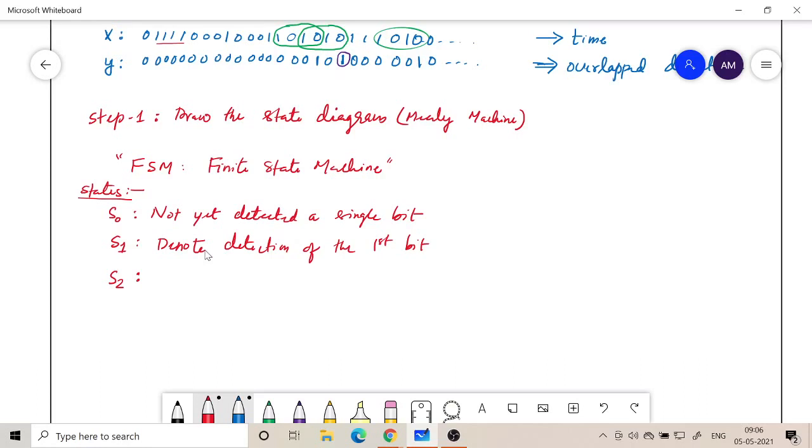But the moment when we come here, we get a 0, 1 followed by a 0, that is an encouragement. We have proceeded in the right manner from 1 to 0. So that is the state S2, which denotes the detection of the first 2 bits.